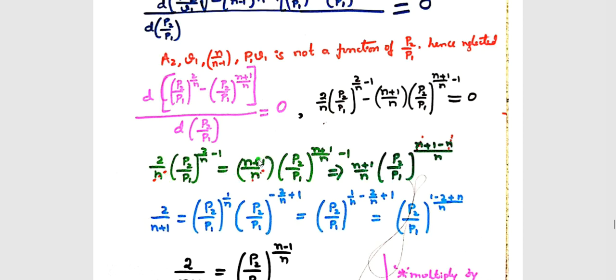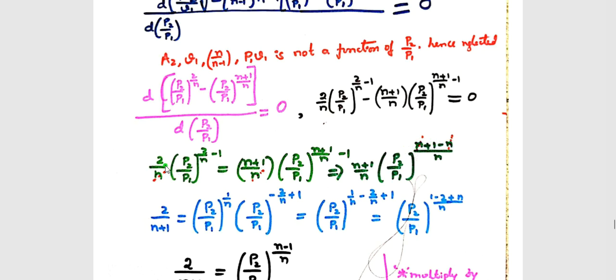This n plus 1 I have taken on the left hand side, equal to P2 by P1 to the power of n plus 1 by n minus 1. Take the LCM, that is n, n plus 1 minus n, so minus 2 by n. Here I have substituted P2 by P1, take the LCM, n plus 1 minus n gets cancelled.